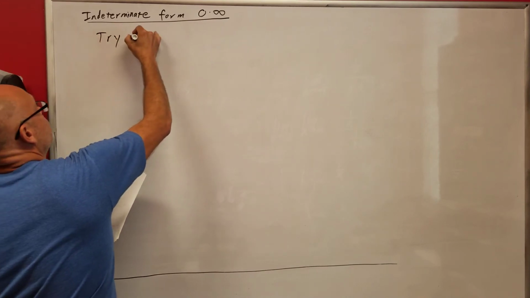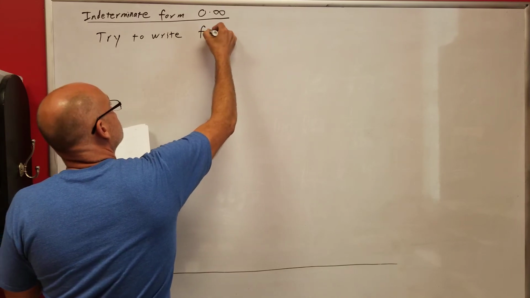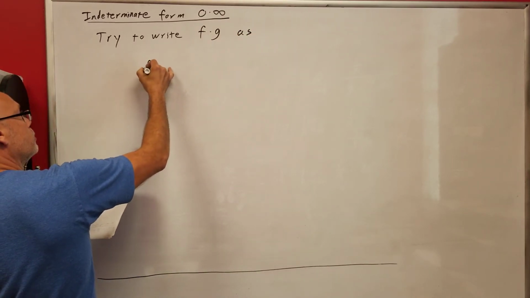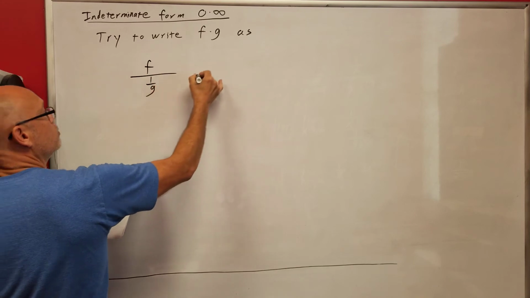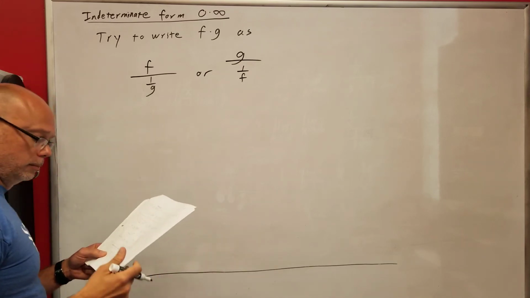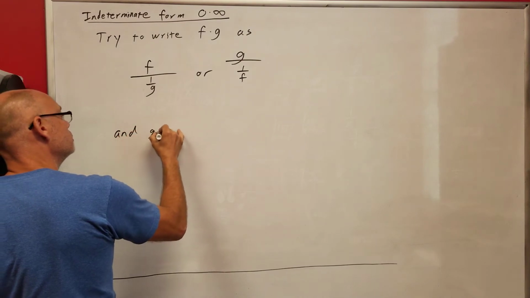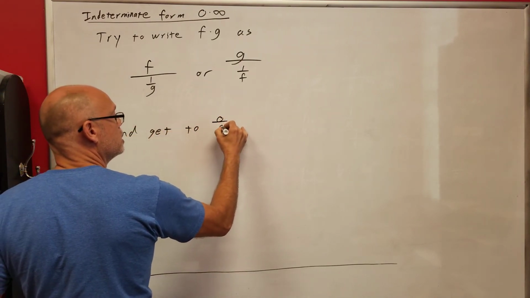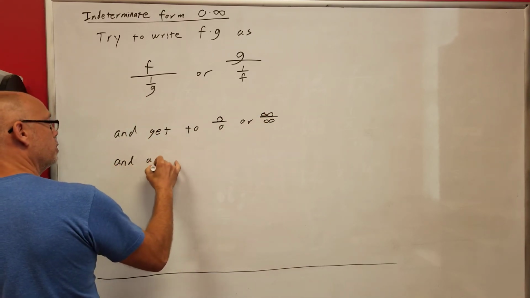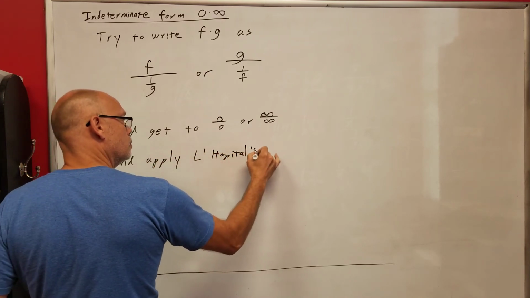Try to write f times g as f over 1 over g or g over 1 over f, and get to the form 0 over 0 or infinity over infinity and apply L'Hopital's rule.